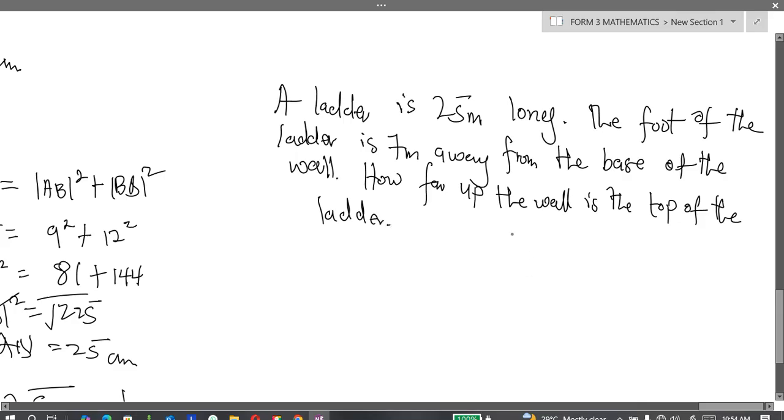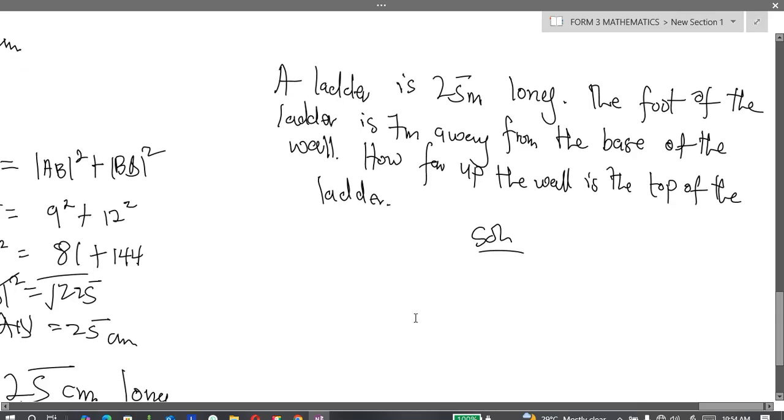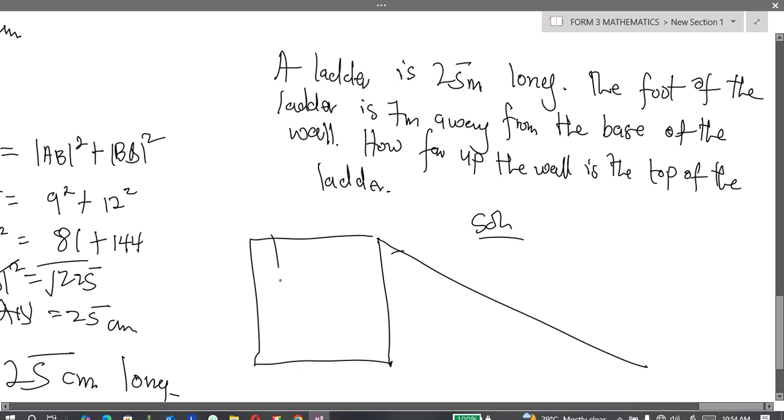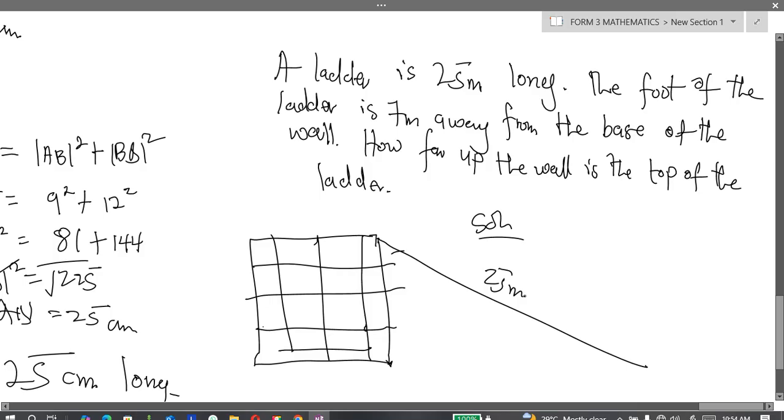First thing, you make a diagrammatic representation. So a wall and then a ladder. This is our wall. I'm not saying go and draw this long wall, we can just make a straight line. And then there's our wall, and then our ladder. Our ladder is 25 meters long.